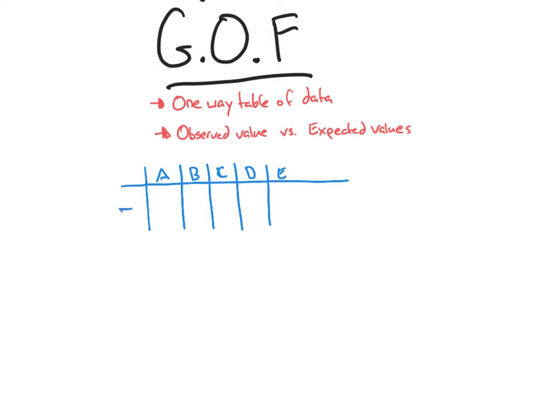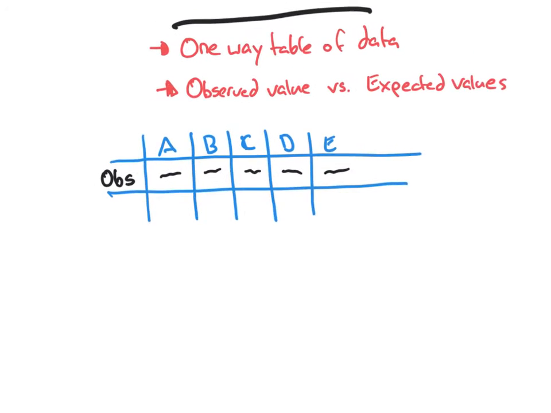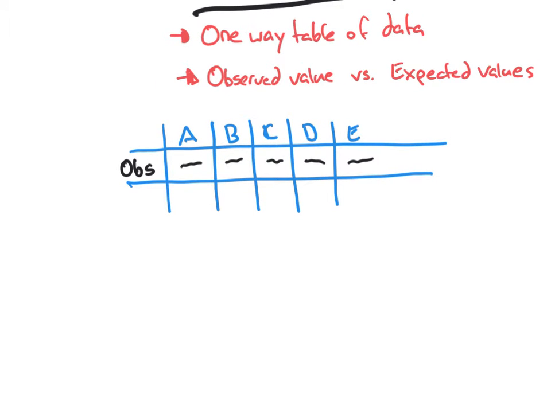And out of those categories, they should give you some observed counts. So we're always going to be looking at these observed counts. That's literally what you see. And they might put it in a big sentence for you and expect you to put it together, or you just have this nice little one-way table of data.